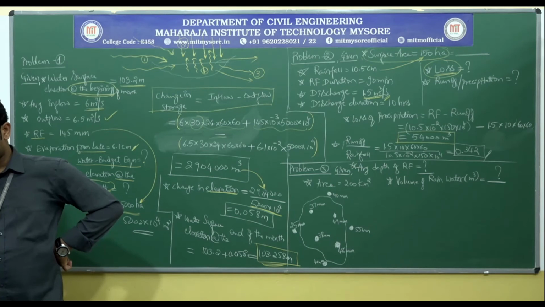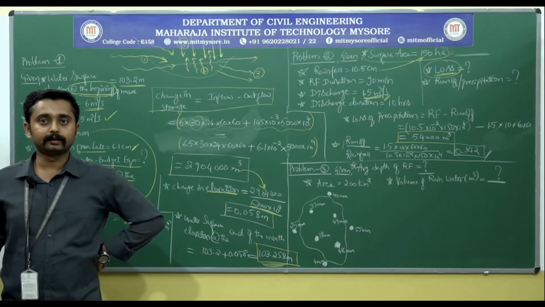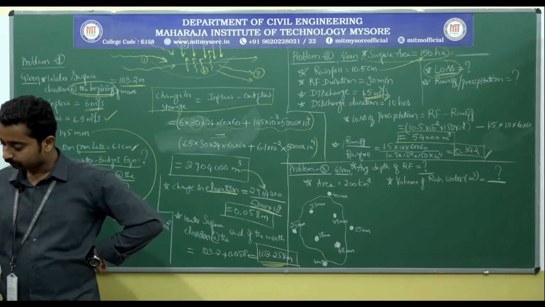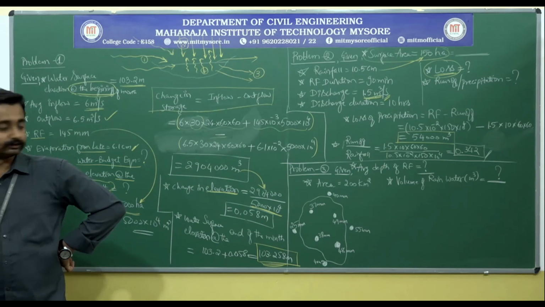The rainfall amounts are indicated in mm at the respective gauge sites.